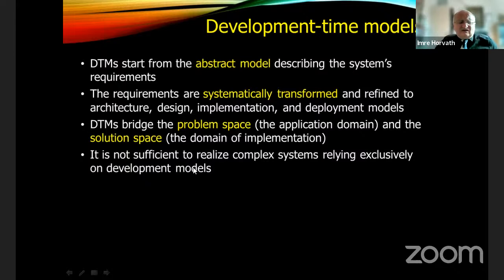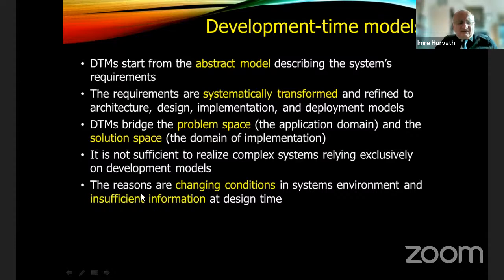It is not sufficient to realize complex systems relying exclusively on development time models. So the runtime models often have to be also considered. The reasons are the changing conditions in the system environment and insufficient information at design time. So we cannot squeeze all necessary pieces of information into a development time model because of the simple fact that it is too much and we cannot foresee everything.